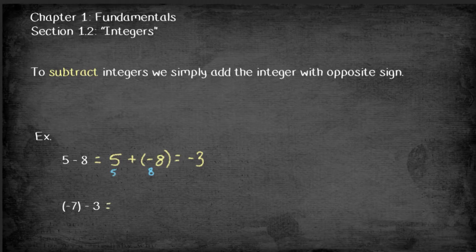So to rewrite that, adding the opposite, we'll have -7 plus -3. And again, absolute values are 3 and 7 respectively. They have the same sign, so I'm going to add and keep the sign of the original two integers.